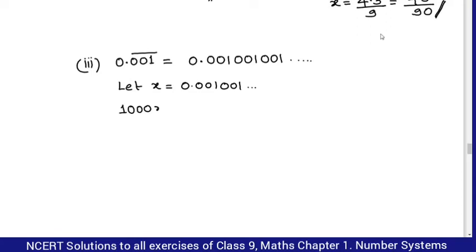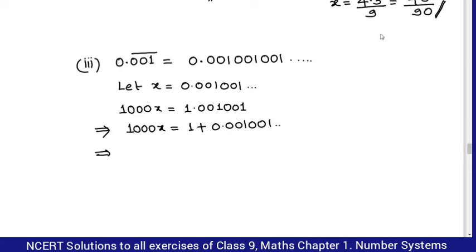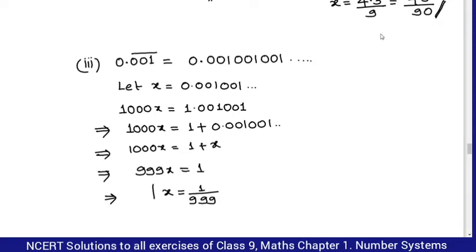Then 1000x is equal to 1.001, 001, or we can write 1000x is equal to 1 plus 0.001, 001, or 1000x is equal to 1 plus x. Simplified, we get 999x is equal to 1. Then x is equal to 1 divided by 999.